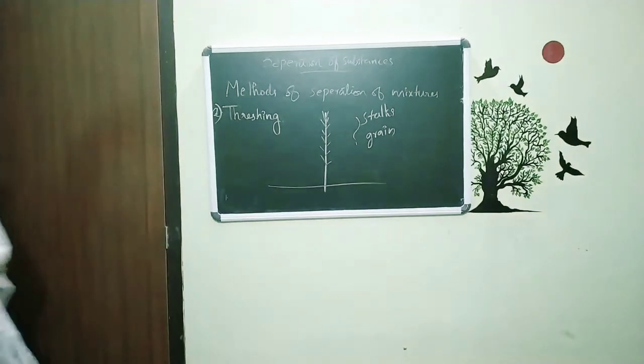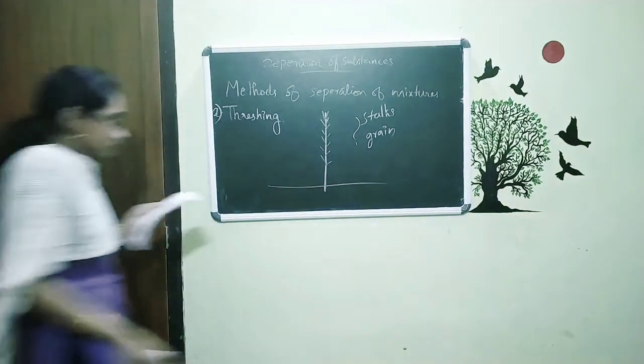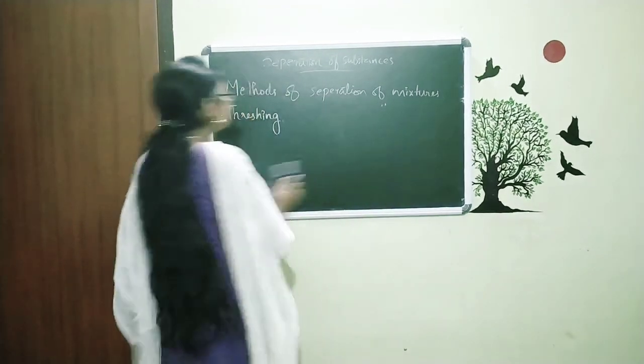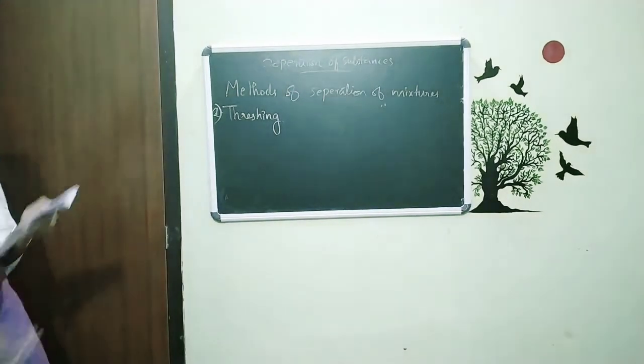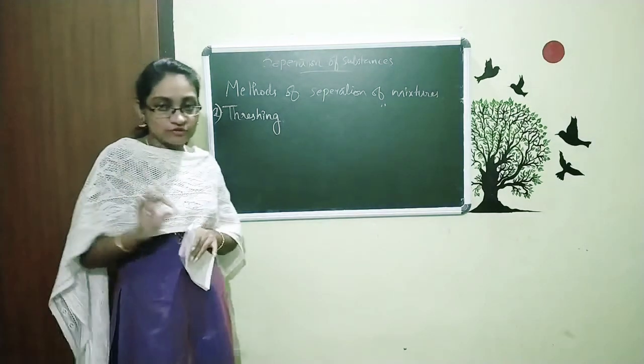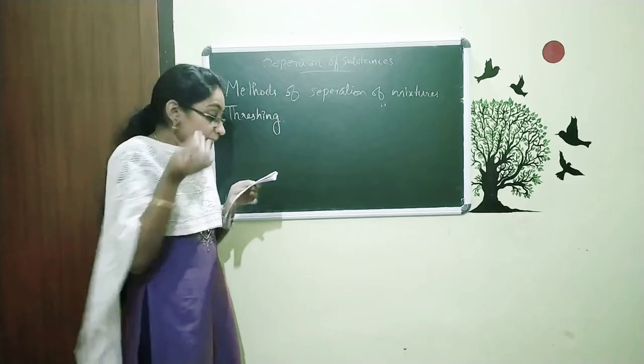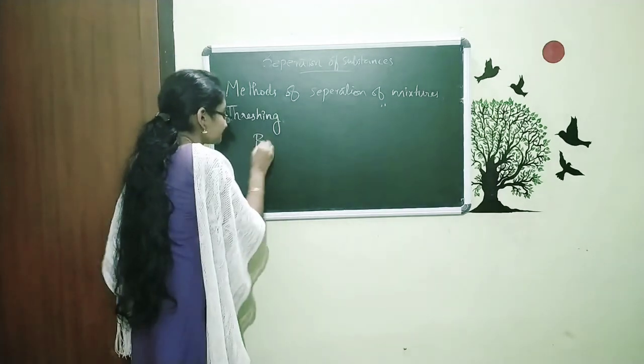Now we are going to explain this. It is the process of separation of grain from the stalk. We already said that. And we do it by beating the stalks.